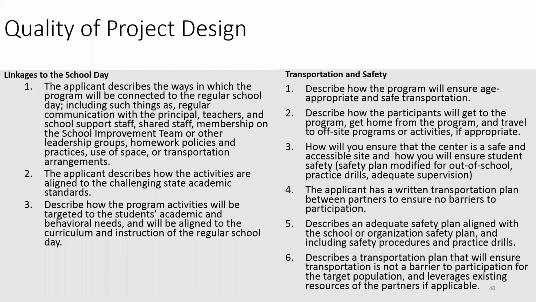So the next one is describe how your activities are aligned to the challenging state academic standards. The standards are available under teaching and learning on the OSPI website. Think about the kids you're targeting, what their educational needs are. Think about the schools that you want to work with. Are they behind in reading, behind in math?